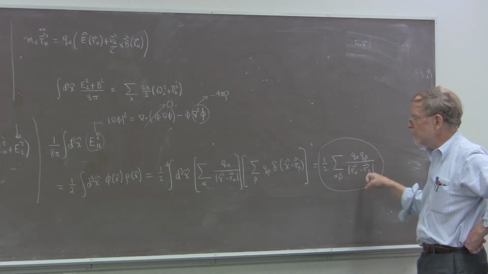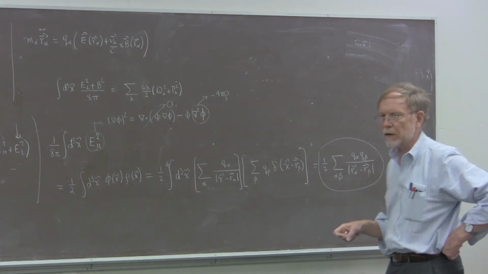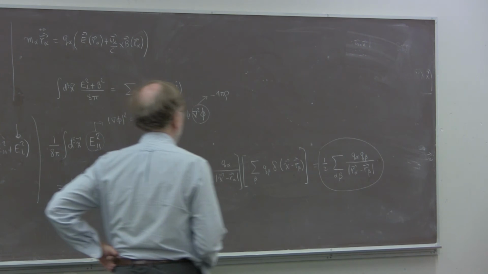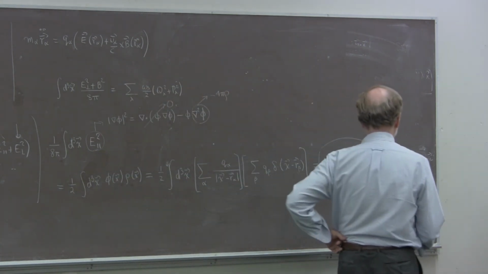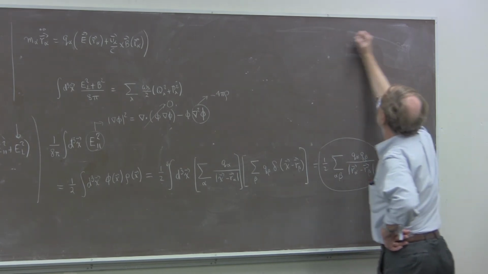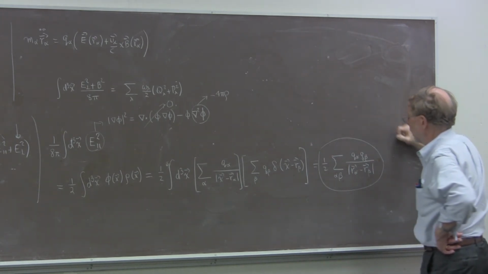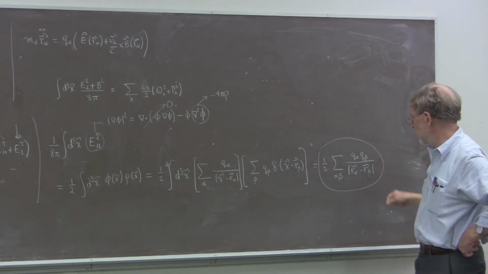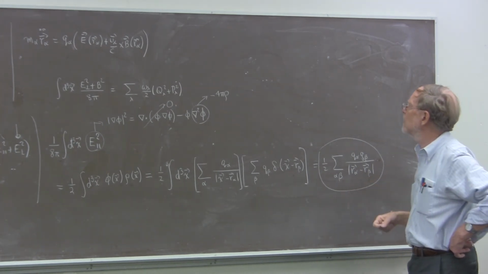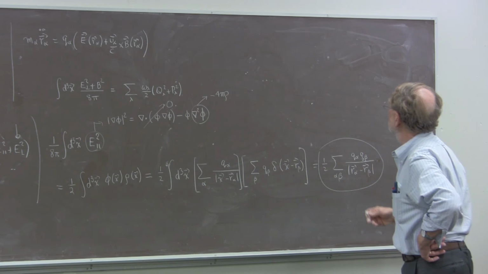The infinity that appears here is actually the self-energy of the charged particles. There's quite a story in the history of quantum electrodynamics and in classical electrodynamics as well about the infinite self-energy of a charged particle. Let me explain the basic issue here.